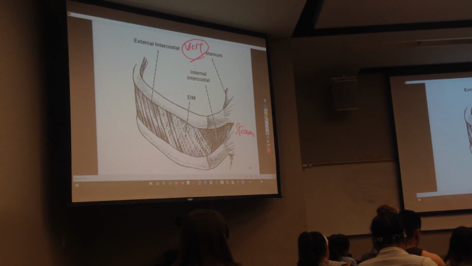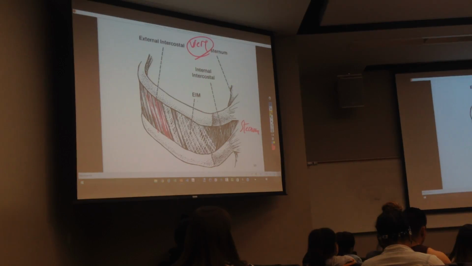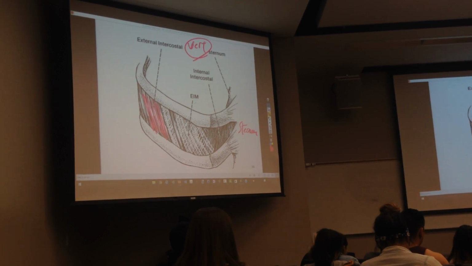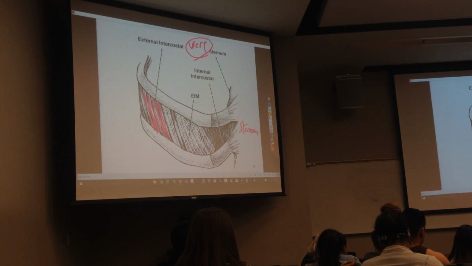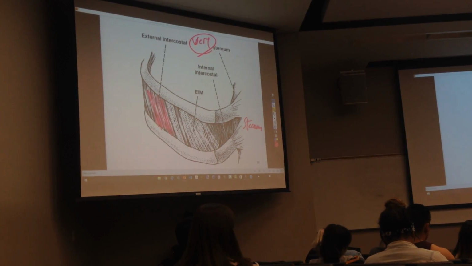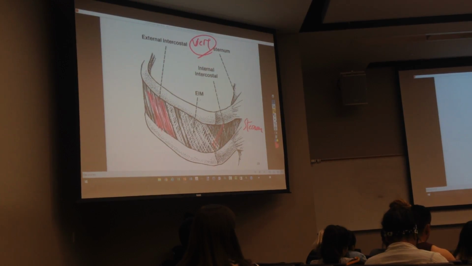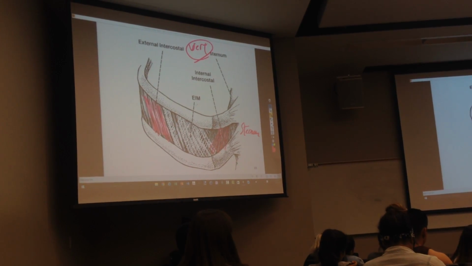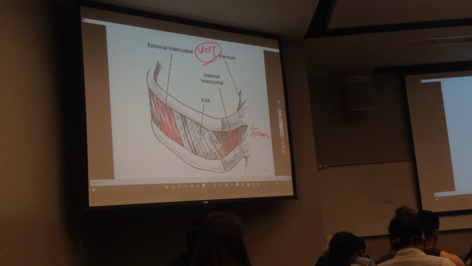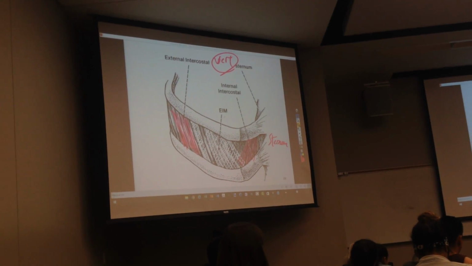Look at the fiber direction of your external abdominal obliques. Same fiber direction as the external abdominal, right? I'm sorry, did I say external obliques? External intercostals. Same fiber direction as your external obliques. And then your internals are perpendicular to that, which is the same fiber direction as your internal obliques, okay? Because they're homologs, so they're going to be doing the exact same thing.